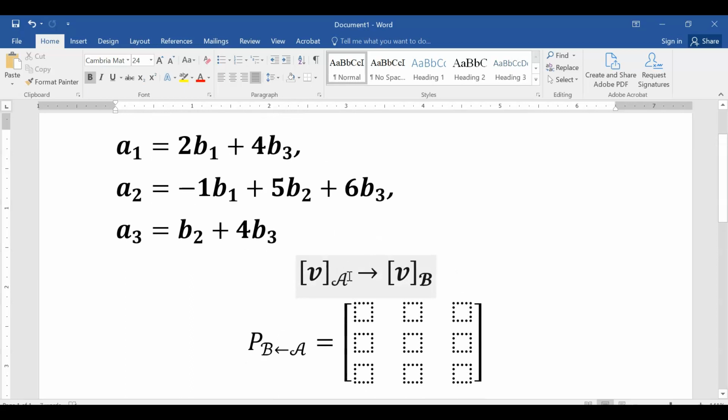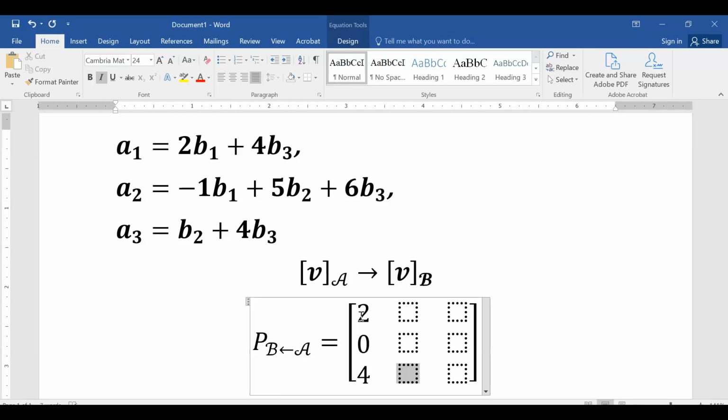And we want to take vectors written from A and translate them into vectors written with respect to basis B. So all we have to do is write each vector in A as a linear combination of vectors from B, and then we write the coordinate vector for A1 in column 1, so that would be 2, 0, 4.